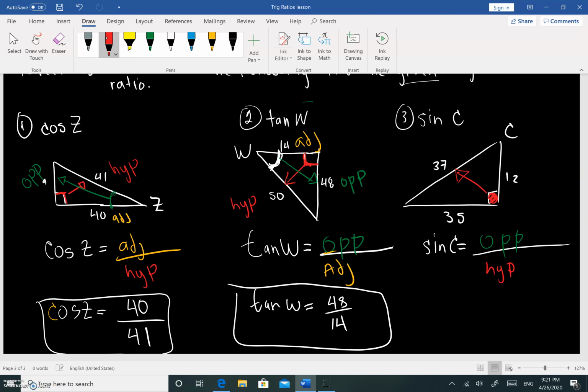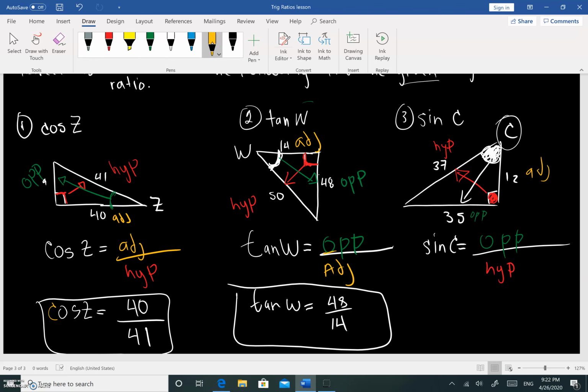So that means that 37 is my hypotenuse. Then we're looking for C, so that's this angle C. I'm actually going to fill it in. So this is opposite to angle C. So that means that 35 is going to be my opposite, and that means that 12 has to be my adjacent.